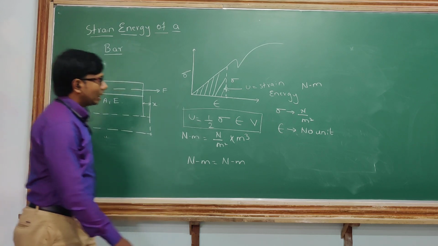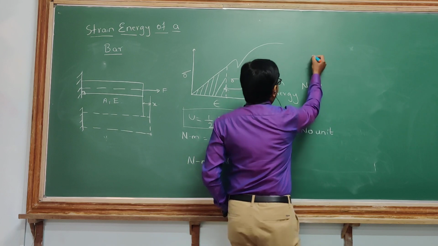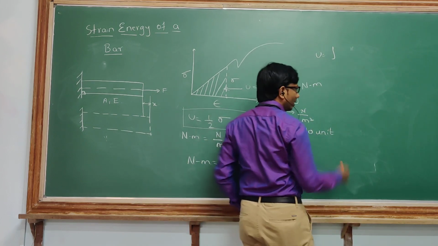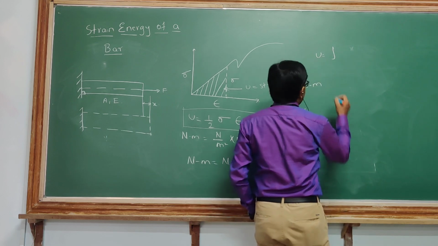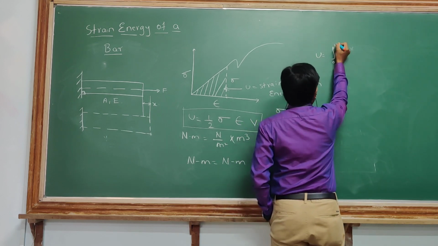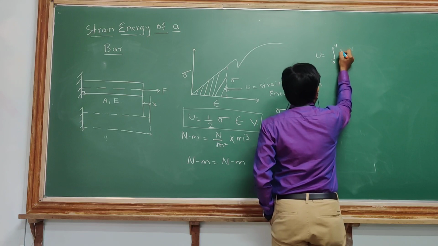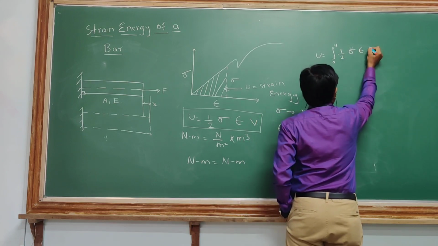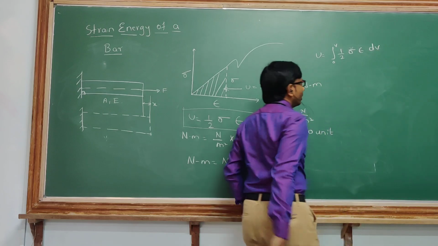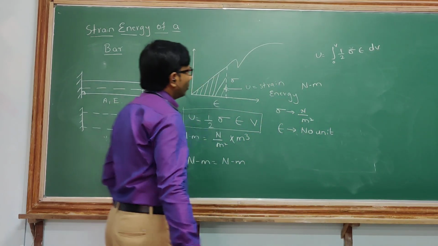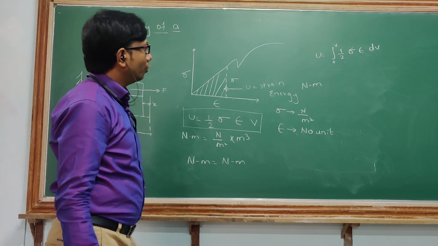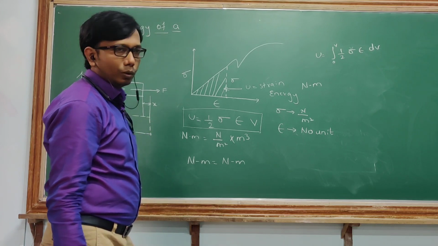So I will use the integration method. U will be the integration, assuming a small volume, from 0 to V of half sigma epsilon into dV. So strain energy is equal to integration from 0 to volume of half sigma epsilon into dV.